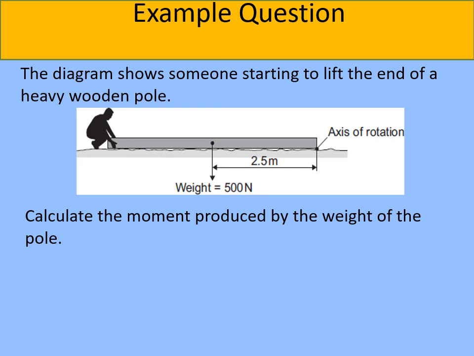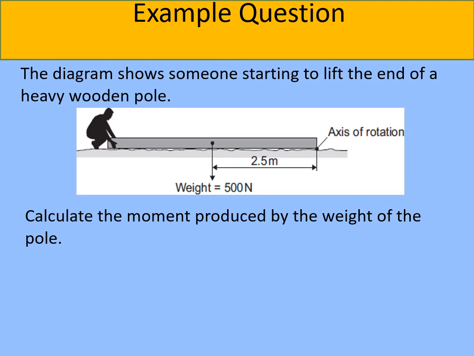This looks like a regular shaped object, so the center of mass will be at the center of the object, and that seems to be given here as 2.5 meters from the axis of rotation, which is also the pivot.